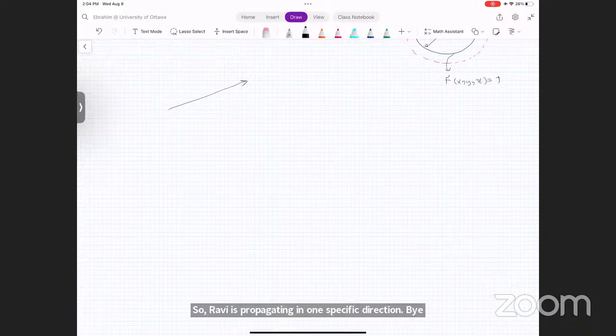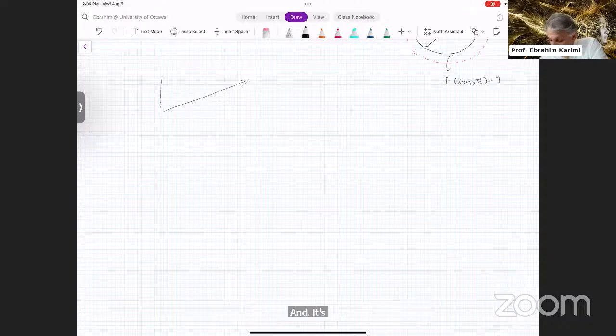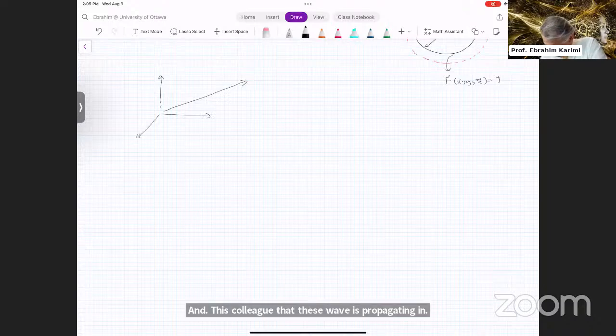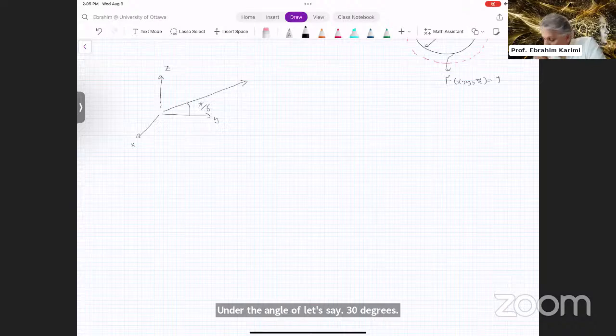Let's say this wave is propagating in the plane of X, Y, and Z under an angle of, let's say, 30 degrees, pi divided by 6.